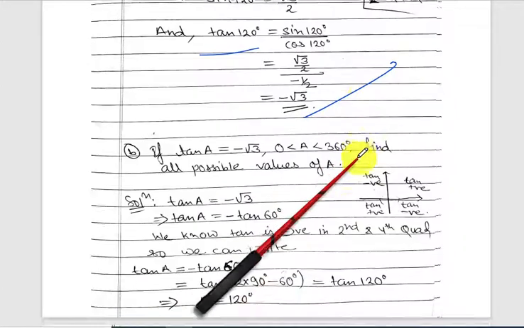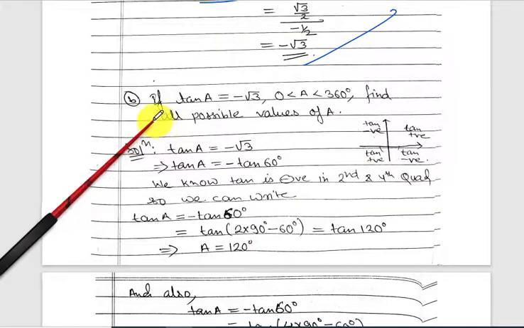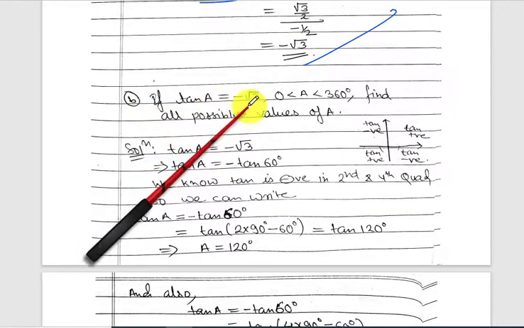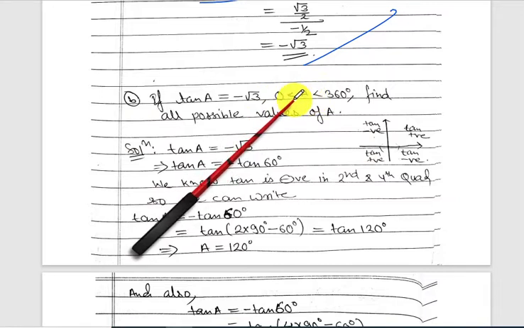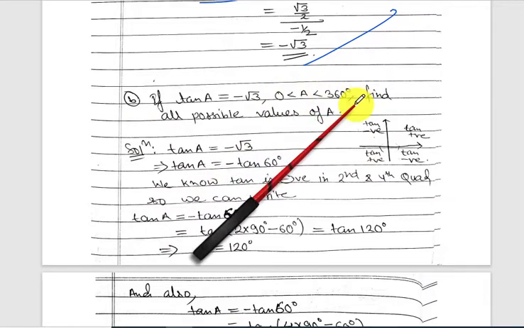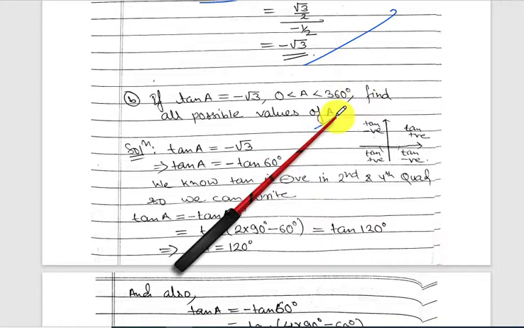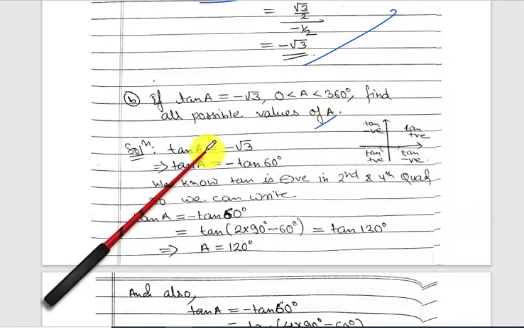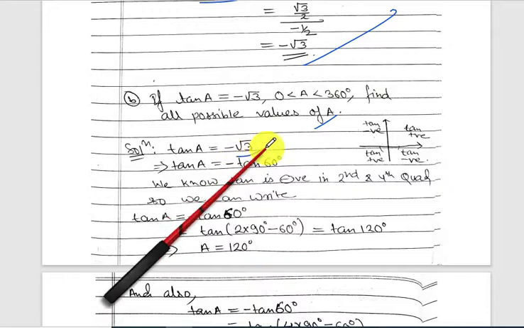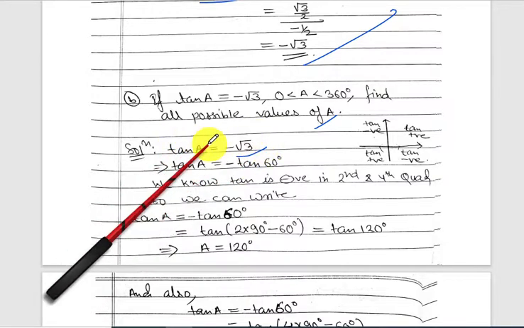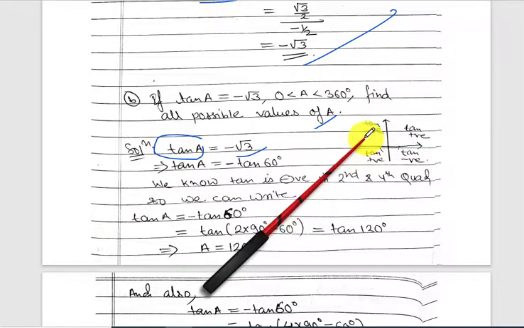Next is, if tan a equal to minus root 3 and a is greater than 0 and less than 360, then find the possible values of a. So here tan a equal to minus root 3. You know that tan is negative in the second quadrant and in the fourth quadrant.